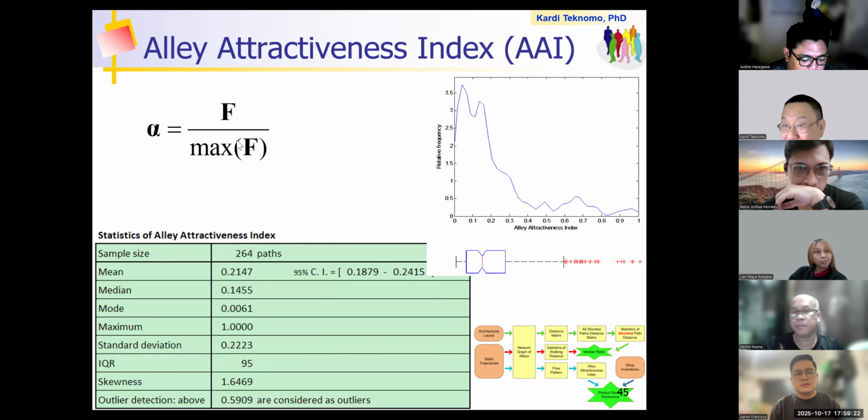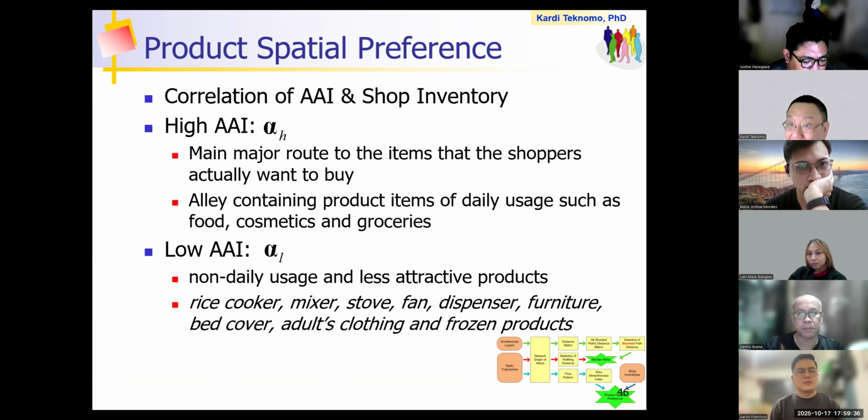So the area vertical in that, the distribution is something like this, with a lot of outliers. This is the final result, right? So there is a correlation between the area attractiveness index and the shop inventory.